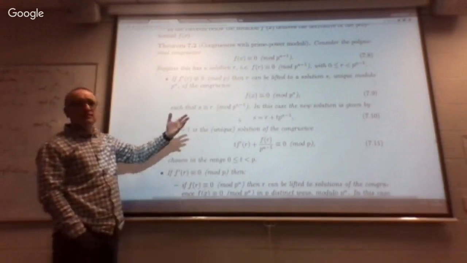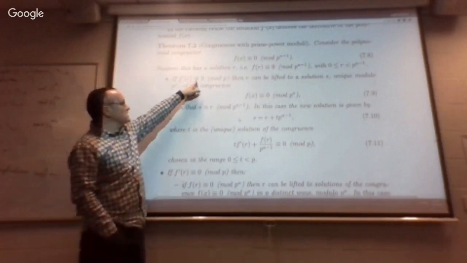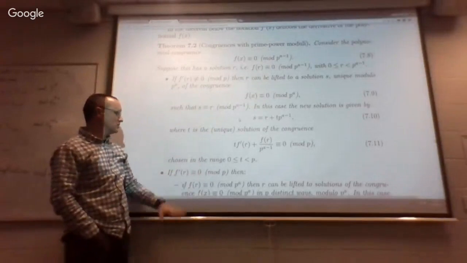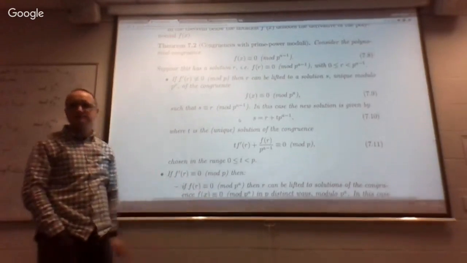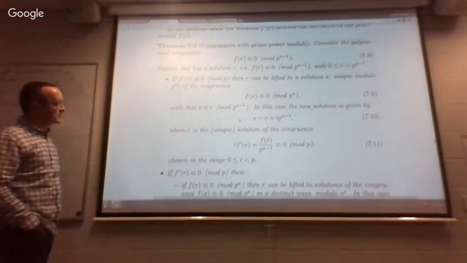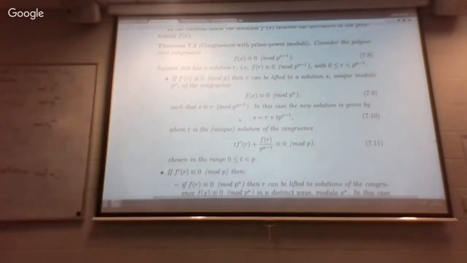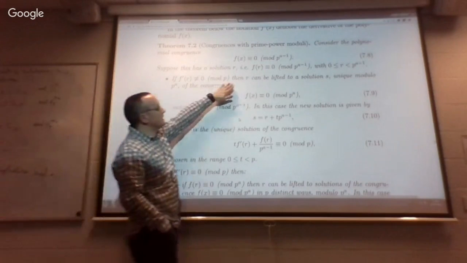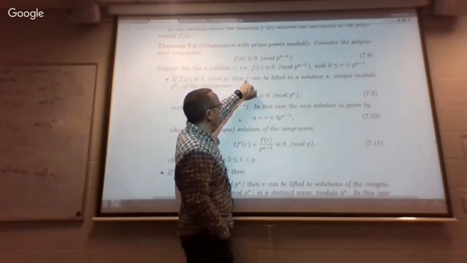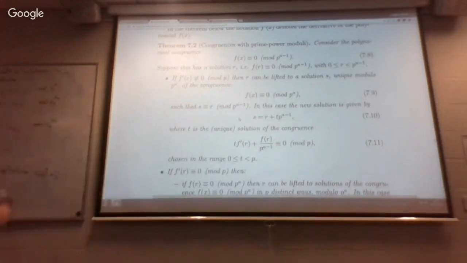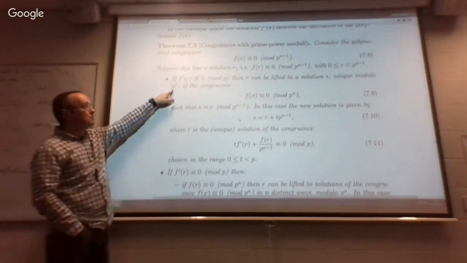If you get something non-zero modulo p, you go into this case; if you get something 0 modulo p, you go into that lower case. So let's look at this first case. When you do get something non-zero modulo p, that's the nice case where the solution r can be lifted to one unique solution s modulo p to the a.